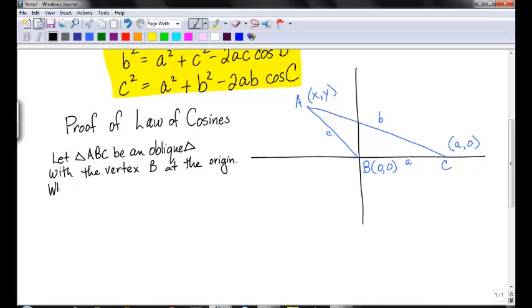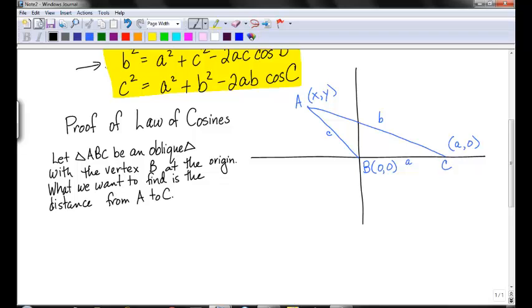What we want to find is the distance from A to C. I'm going to prove the middle one up here, the b squared.